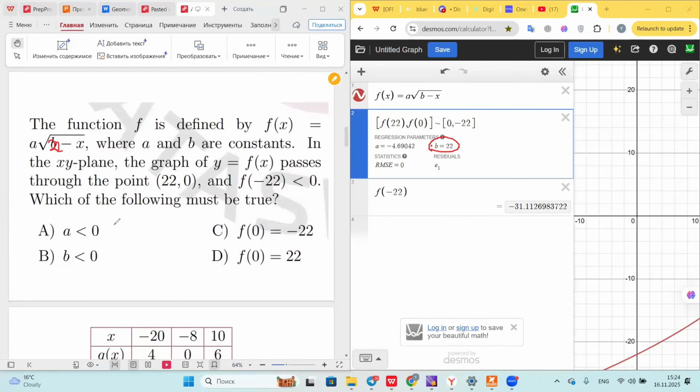I think it turns out both of them are always correct. But okay, I don't see any contradiction in this problem. f(0) is -22. Yeah, f(0) is -22. Guys, this must also be correct, because if you apply this, it gives you this. For any negative value, it's okay. So both of those options are correct.